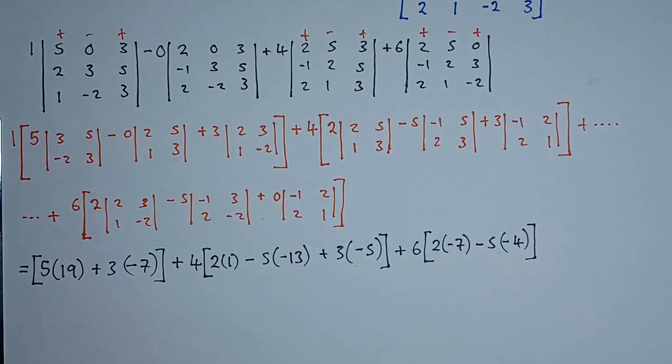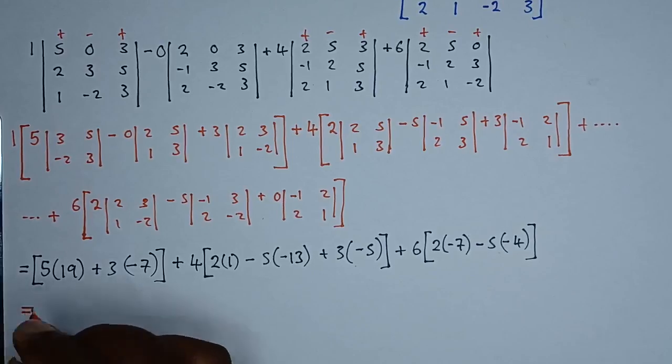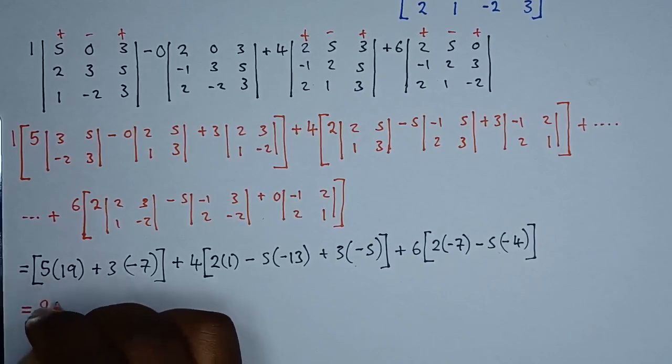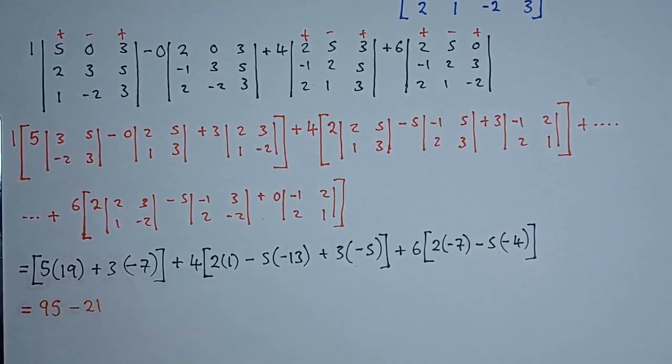Okay. If we open this bracket, 95, or rather 95 is what we get when we multiply these two. So we say 95 minus 21, like that. Then inside this bracket, we have 2 minus 5 times 13 is 65.